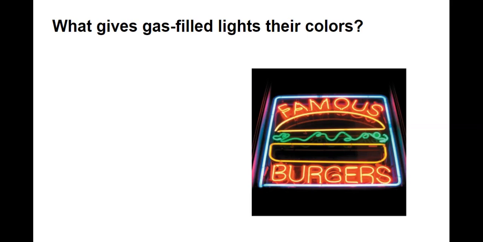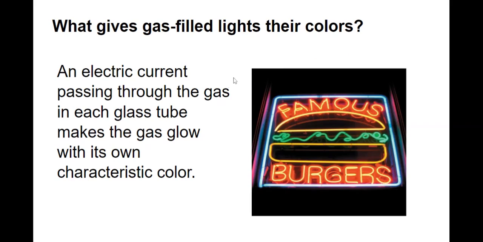But thinking just about these gas lights, basically what is happening is an electric current giving energy is passing through the gas in each of these glass tubes, making them glow with a specific color. Every element on the periodic table has its own specific color spectrum, just like all people have their own specific fingerprints.